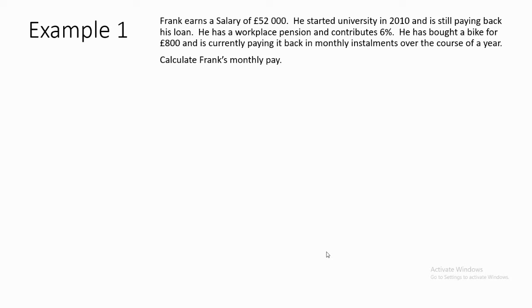first of all, we know what Frank's salary is, so we can work out what his income tax would be. Okay, so let's first of all work out income tax.